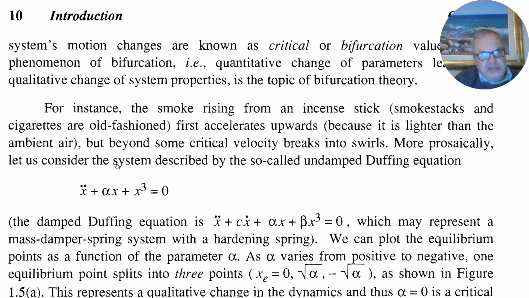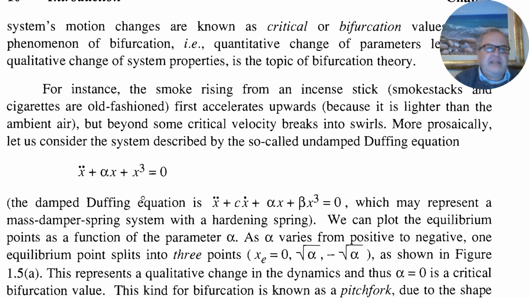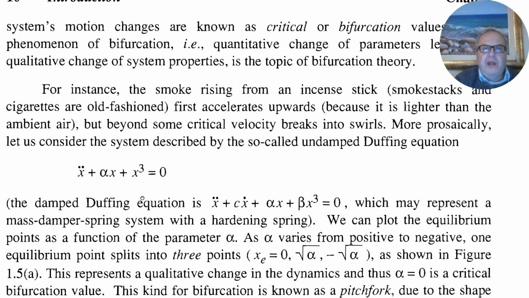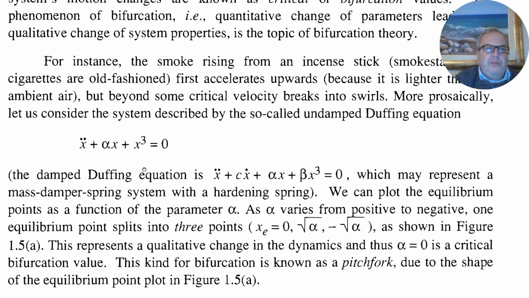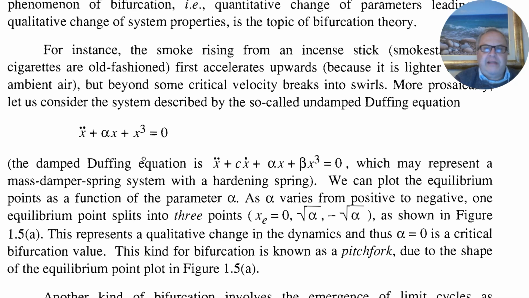The Duffing equation is described by x dot plus alpha x plus x cubed. The damped Duffing equation may represent a mass damper spring system with a hardening spring. We can plot the equilibrium points as a function of the parameter alpha. As alpha varies from positive to negative, one equilibrium point splits into 3 points.